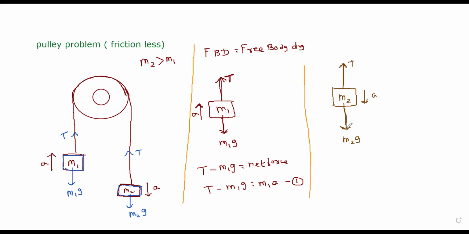So downward force minus upward force equals net force. M2G minus T is equal to M2A. Equation number 2. You can ask me any doubt based on this.